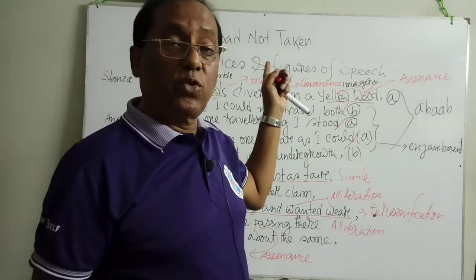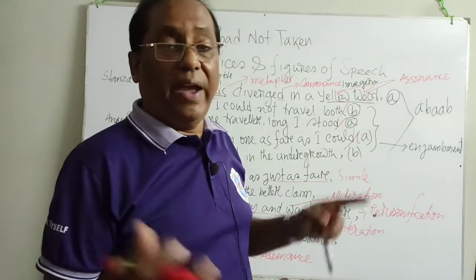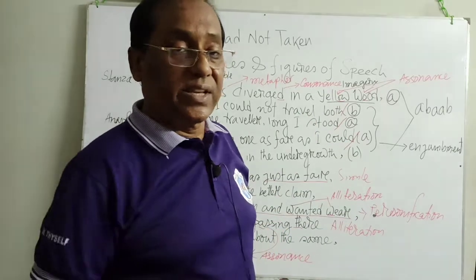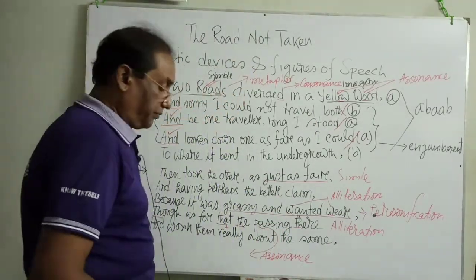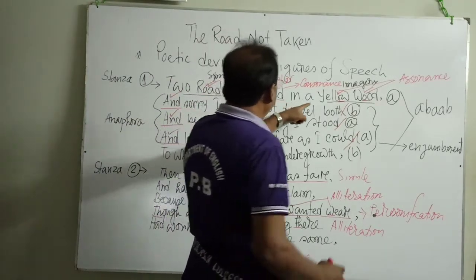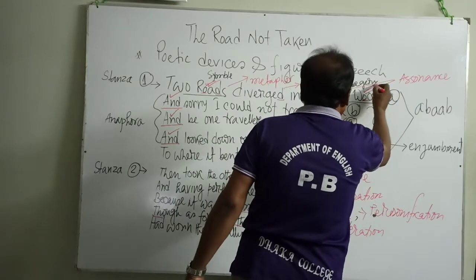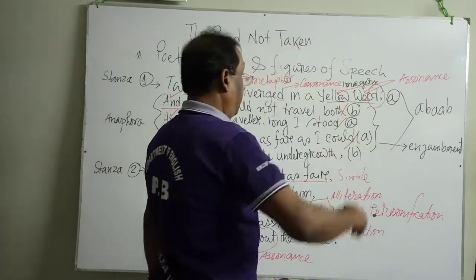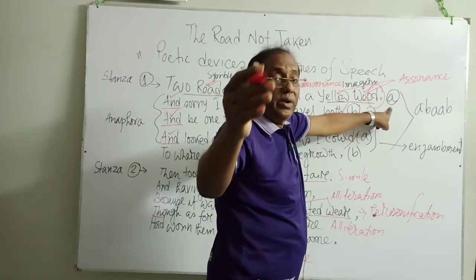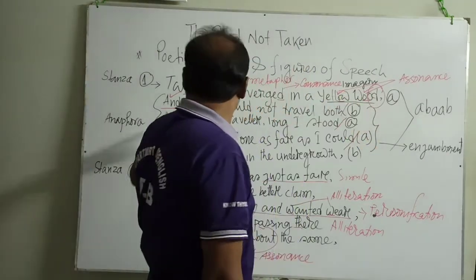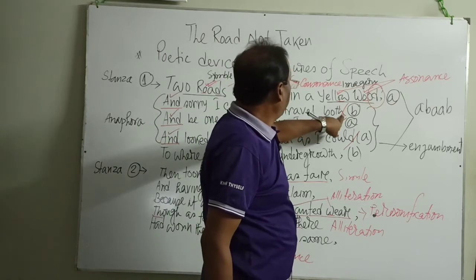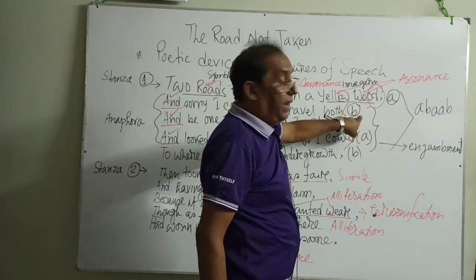And in this poem, The Road Not Taken, we find a regular rhyme scheme. And what is that? Two roads diverged in a yellow wood. Wood. So this is called A. According to the rule, it is called A. And sorry, I could not travel both. This is B.